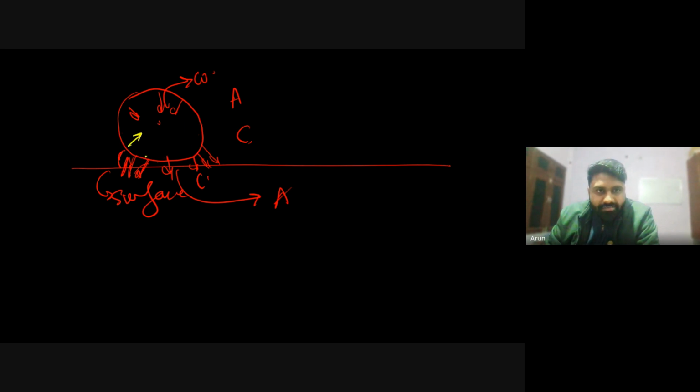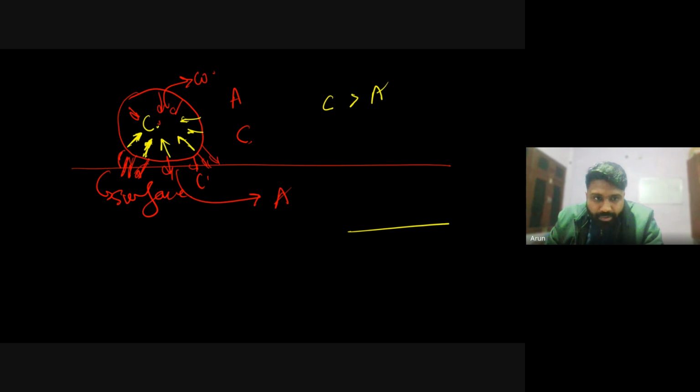These are the cohesive forces inside the liquid, because they act between the same molecules. But these are the adhesive forces. Now, if cohesive force is greater than adhesive force, the liquid will not make contact with the surface.